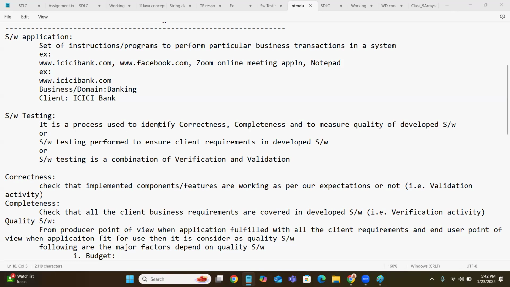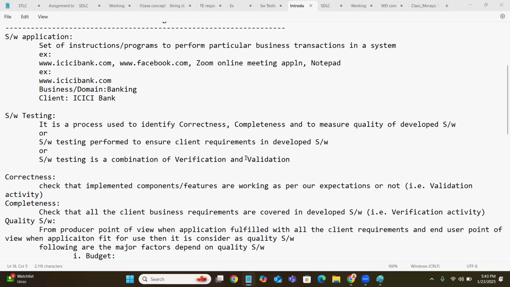Software testing is a process used to identify correctness, completeness, and to measure quality of developed software, or software testing is performed to ensure client requirements in developed software, or technically we can say software testing is a combination of verification and validation.